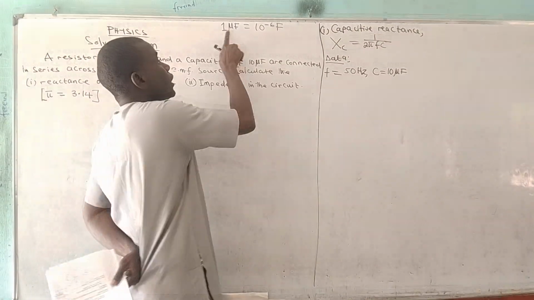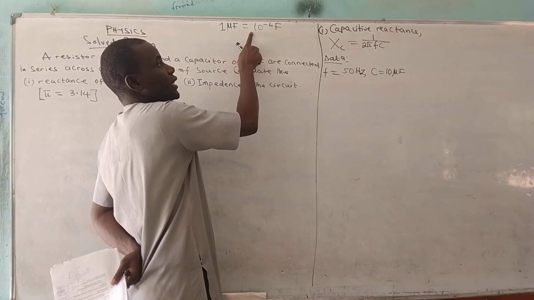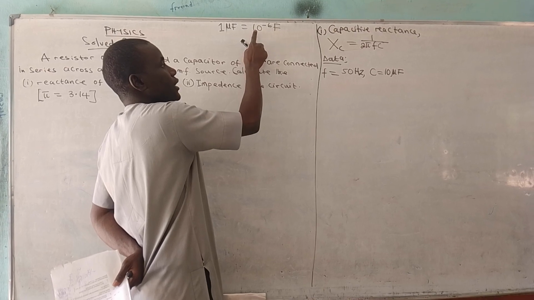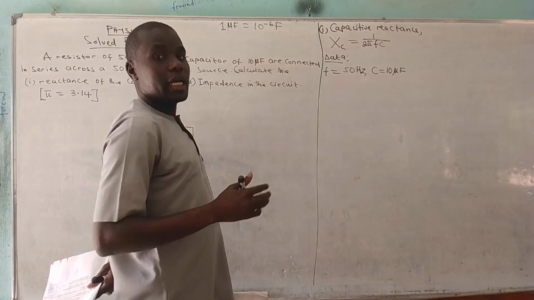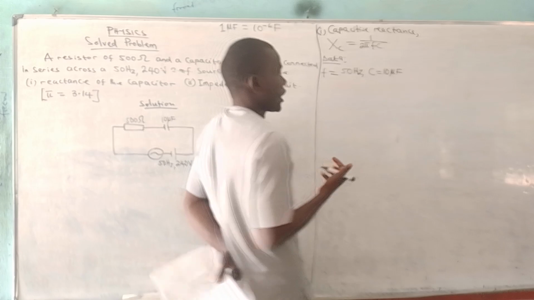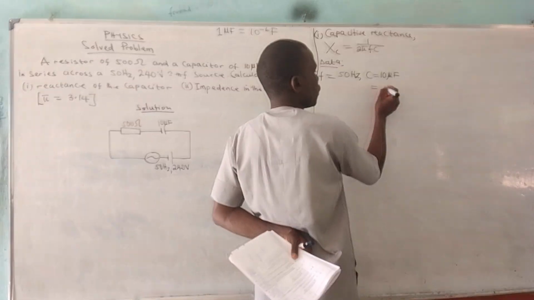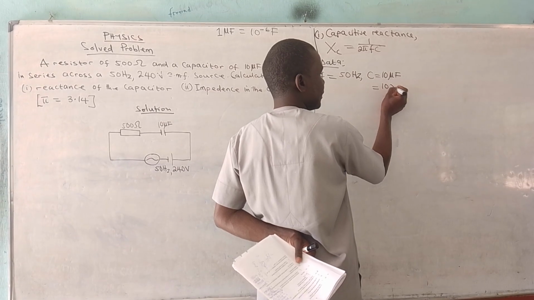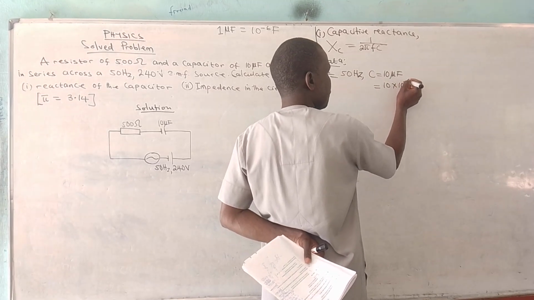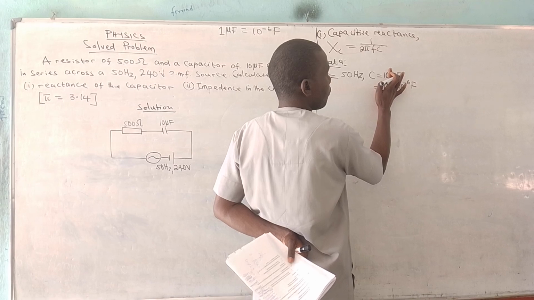So 10 microfarad is 10 times 10 to the power minus 6 farad.